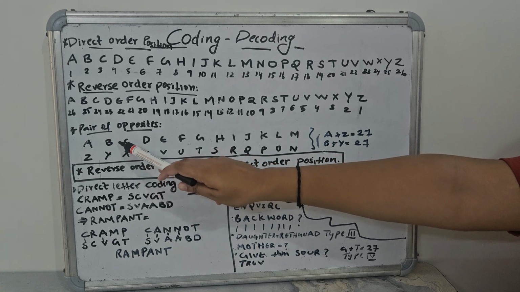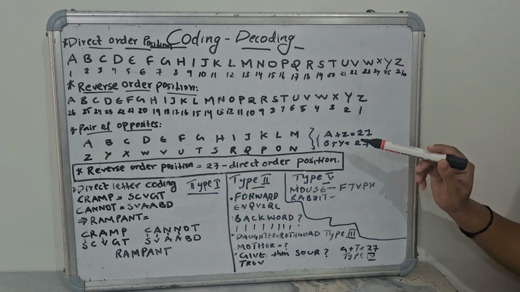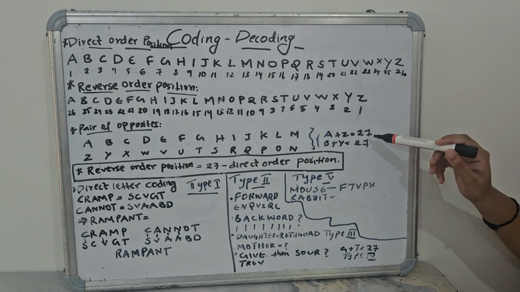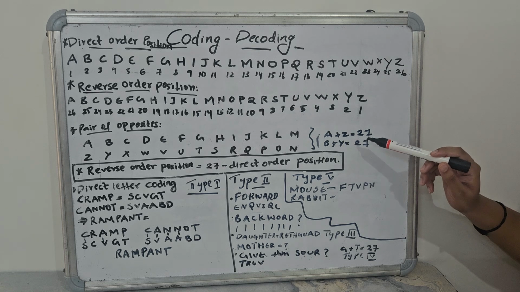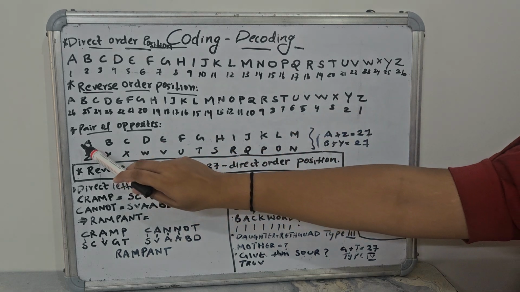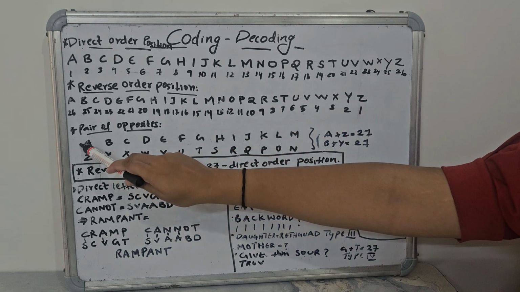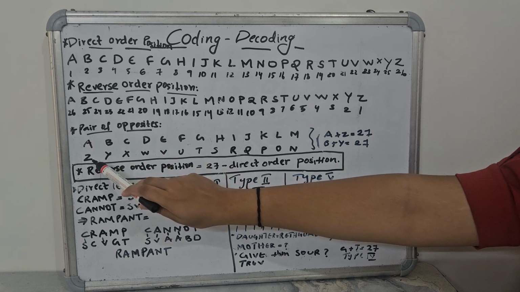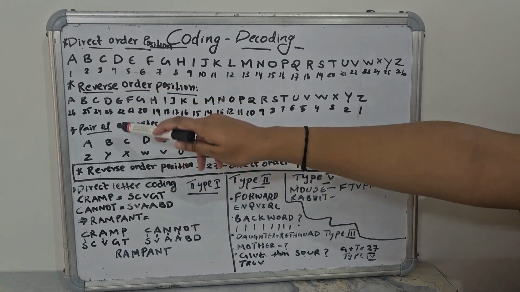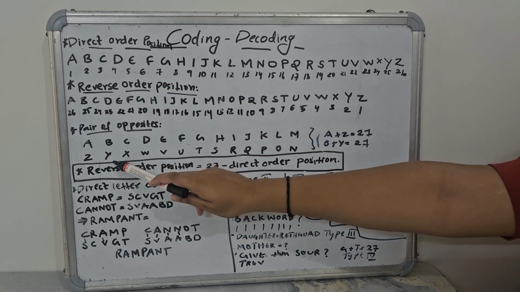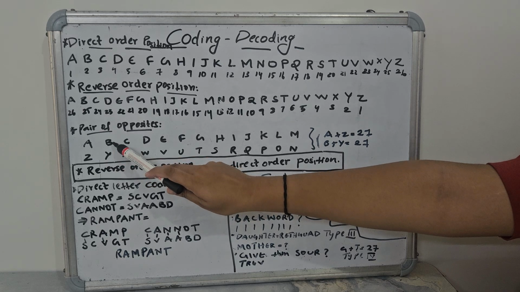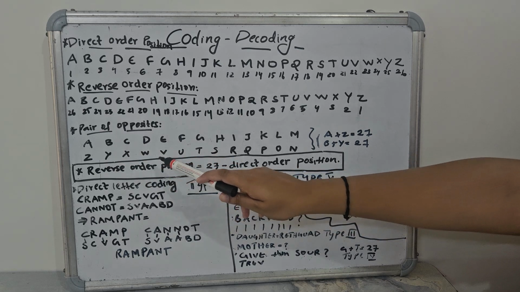B and Y, when you take the sum, will be 27. A is 1 and Z is 26, so 26 plus 1 is 27.